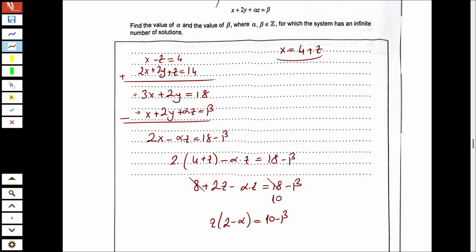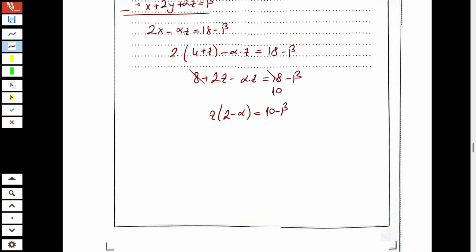If this equation has an infinite number of solutions, you can say that 2 minus alpha equals 0 and 10 minus beta equals 0 to make this equation independent from z. In this case, alpha will be 2 and beta will be 10.